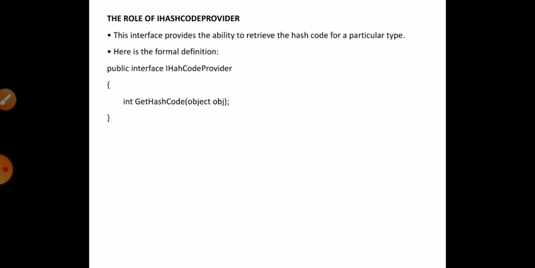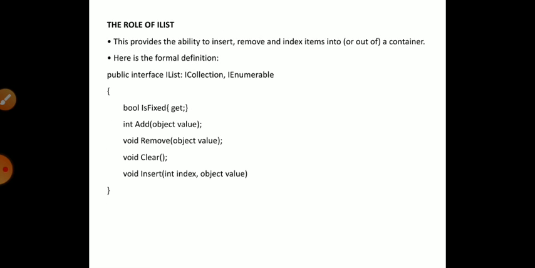Then you learned about the IHashCodeProvider, and even IList, what all is present in IList. Everything is interdependent on each other. Each interface is dependent on another interface. Only a few things are separate from ICollection, but the main base is your ICollection in the concept. So this is the concept of ICollection.